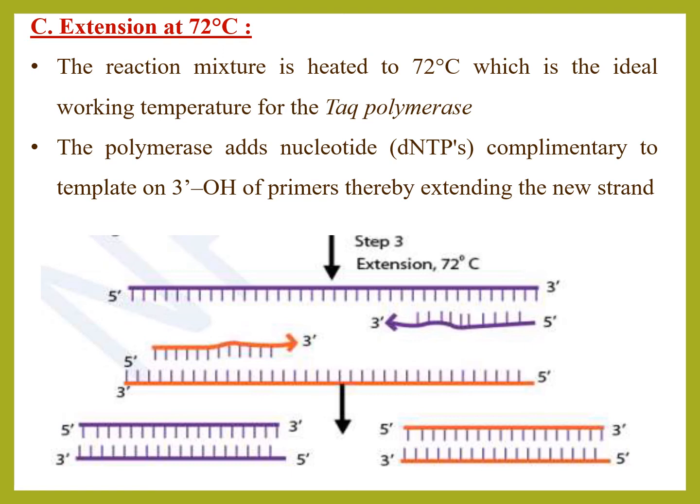Here Taq polymerase adds nucleotides, that is, dNTPs: adenine, cytosine, guanine and thymine, which are complementary to the template, on the 3' hydroxy primers, thereby extending the new strand. Taq polymerase adds dNTPs based on these residues and extends the synthesis of the new strand. Here you can see in the sense strand and antisense strand, it leads to the formation of new strands.